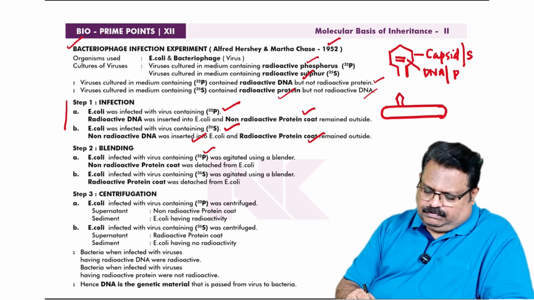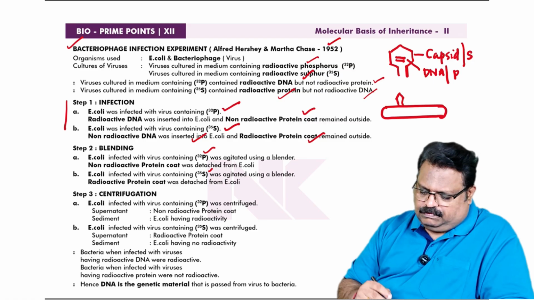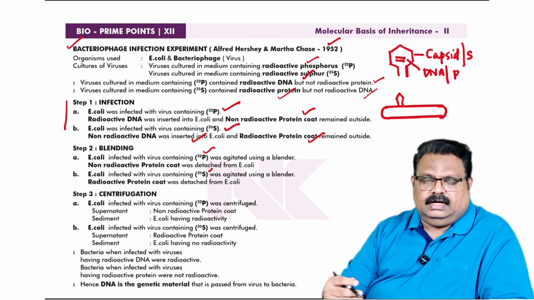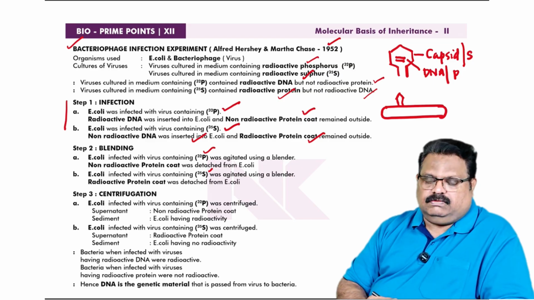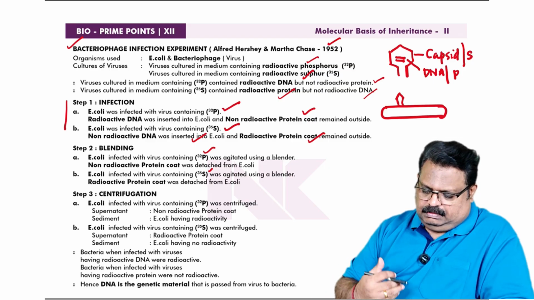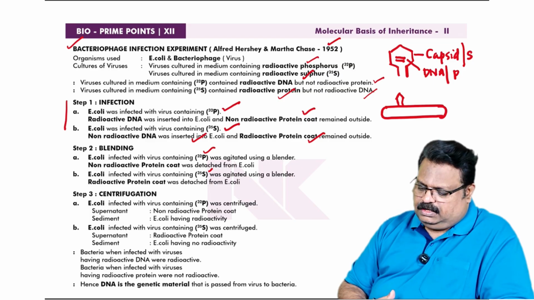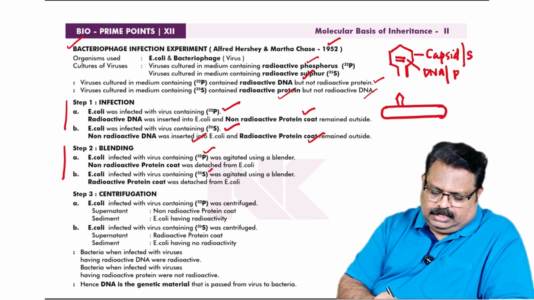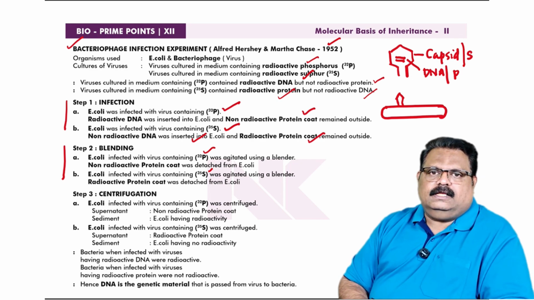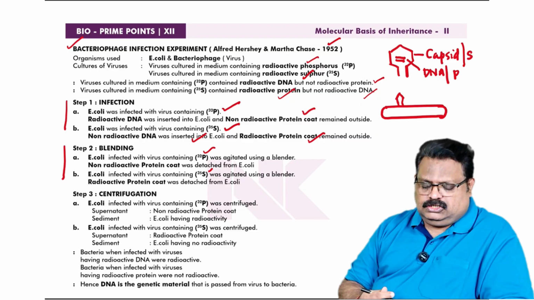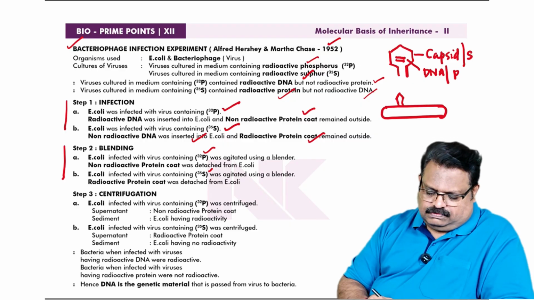Then E. coli infected with the virus containing radioactive sulfur was also agitated using a blender, and now the radioactive protein coat gets detached. Anyway, detachment of the protein coat from the E. coli is brought about by the second step called blending. Then the last step is separation by a process of centrifugation.